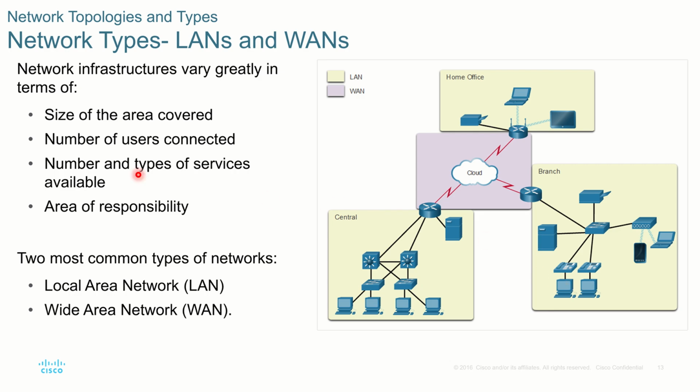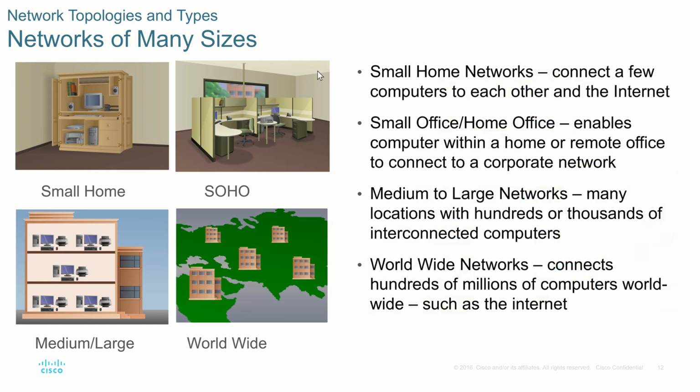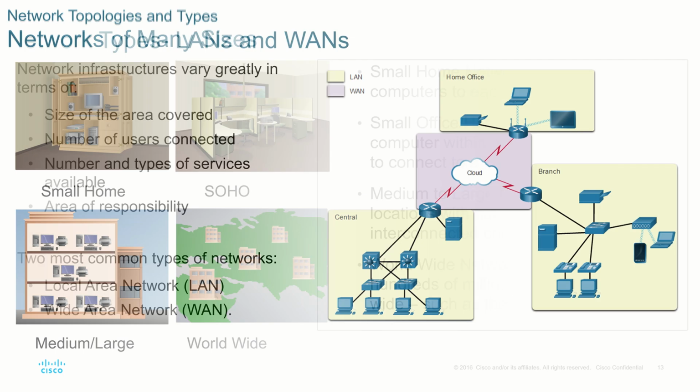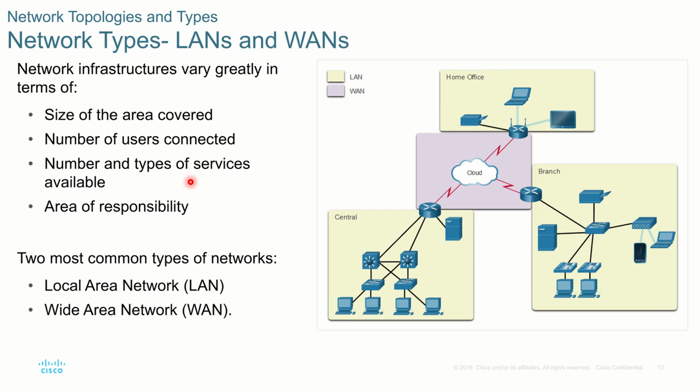So now let us look at the types of network. Mainly they can be classified into two. The representation of the size depends on the number of hosts, or number of devices in the network. But when we talk about network topology and types, it can be classified into two, which are local area network and wide area network.